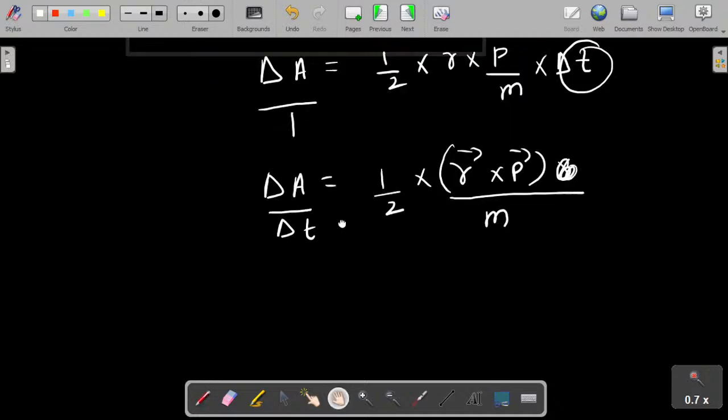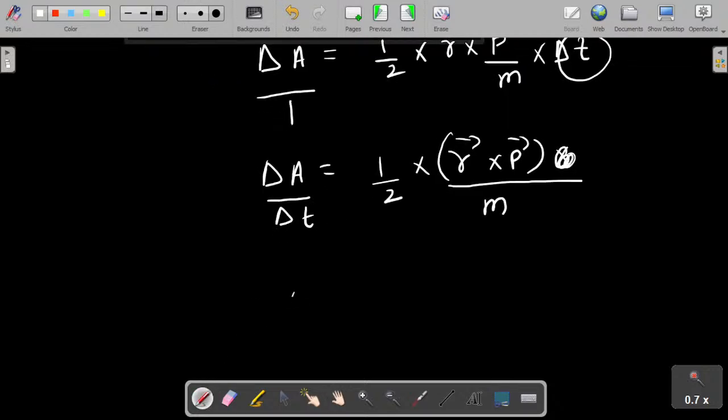Now again you will get delta A by delta T. This is the second law of Kepler, that is half. In place of R cross P we can write L, and here it is M.